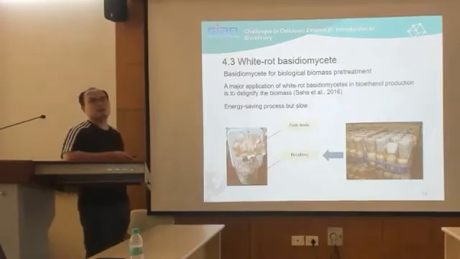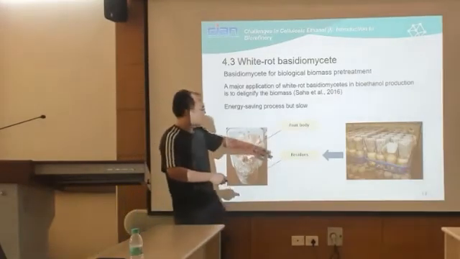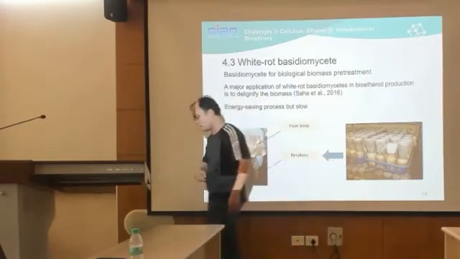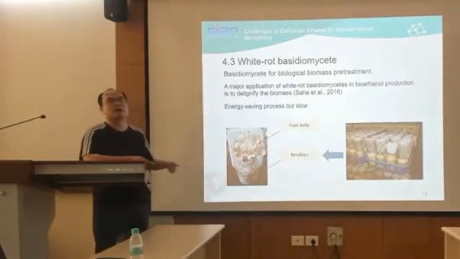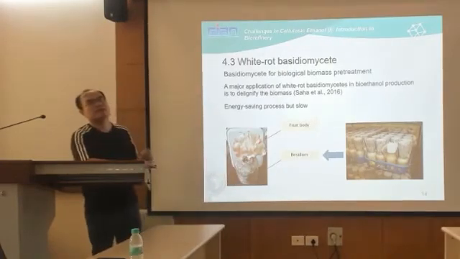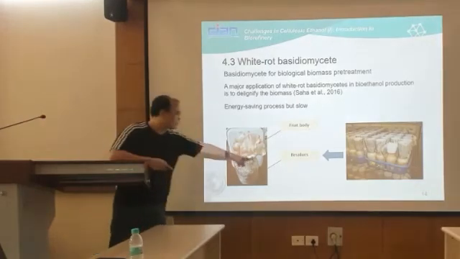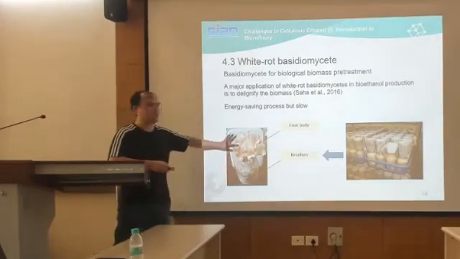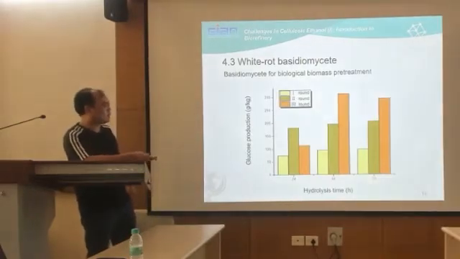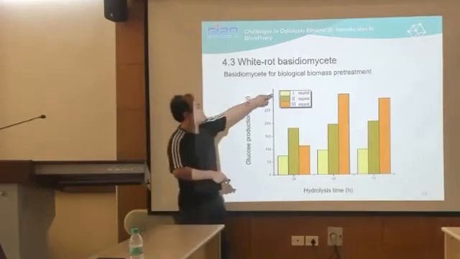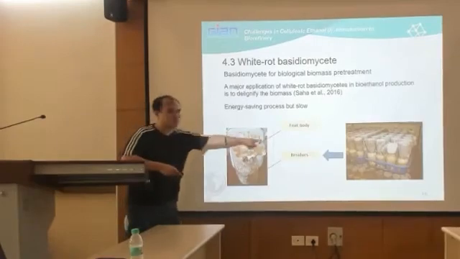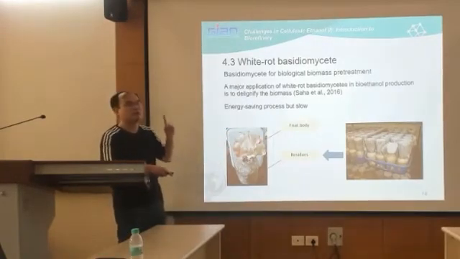Then in one of my projects, I used residues from mushroom cultivation because they are full of cellulose. This biomass has been delignified and enriched with cellulose by the mushroom, so it is more readily digested by the enzyme. I tried 3 different types. The first is one round, meaning the mushroom fruit body grows one time.